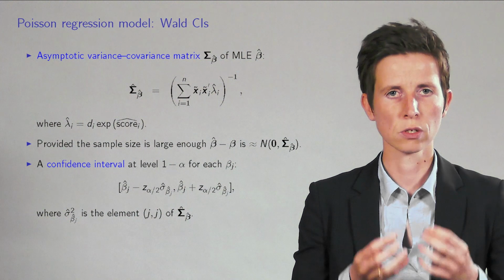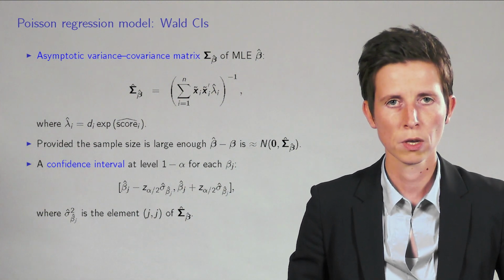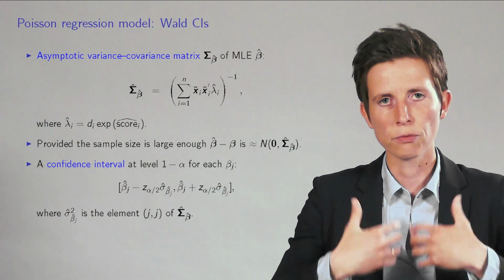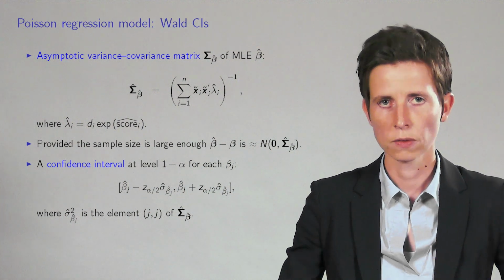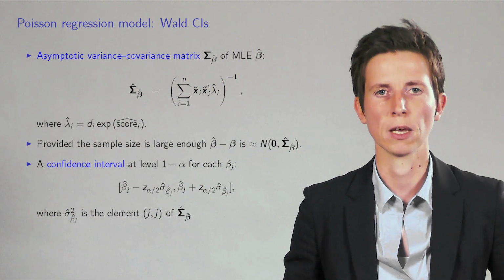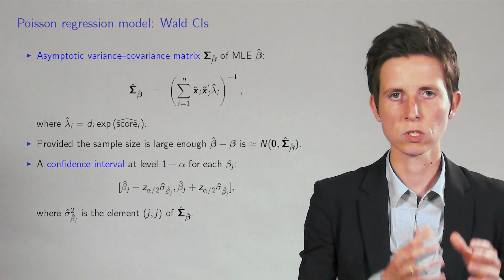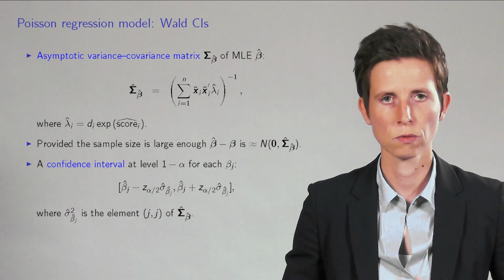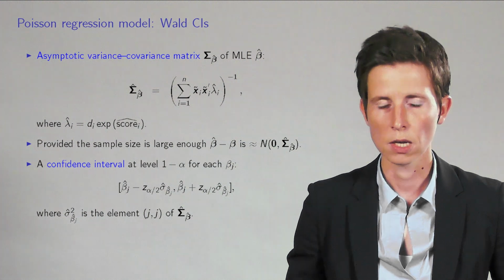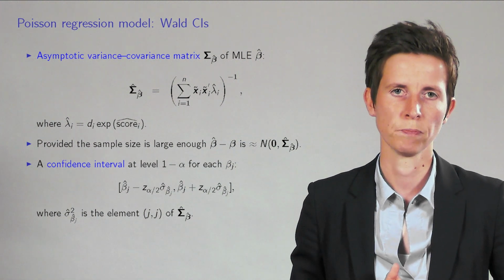For the construction of such a confidence interval in the Poisson regression model, we will rely on the theory of asymptotic normality that applies to estimators which are obtained using maximum likelihood estimation. First of all, the asymptotic covariance matrix for the estimator beta hat is obtained as minus the inverse of the Hessian matrix.